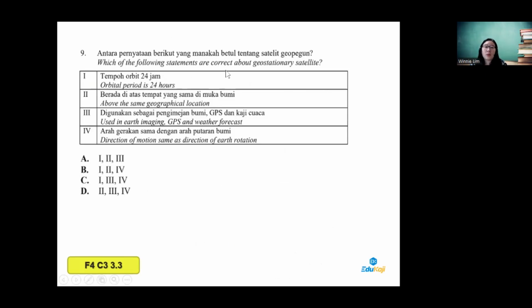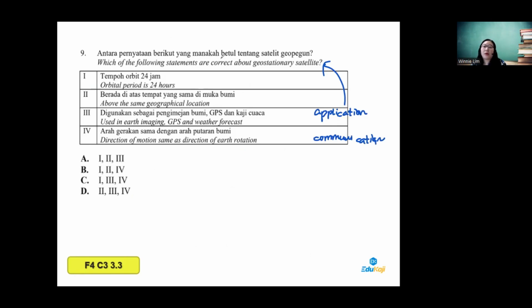Okay, number 9, which of the following statements are correct about geostationary satellite? So for your understanding, the application of geostationary satellite is for communication, for telecommunications, like when you watch any live football and all this, right?